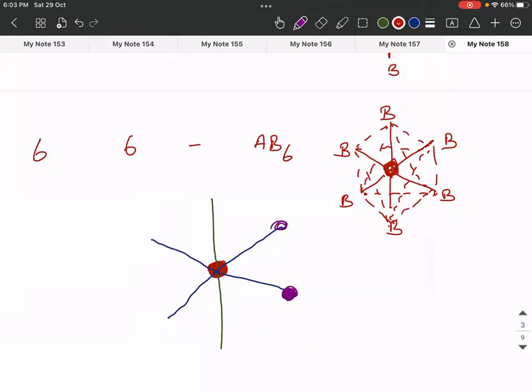B's, 1, 2, 3, 4, 5, and 6. Okay. When you connect using B, we can connect 1, 2, 3, 4.